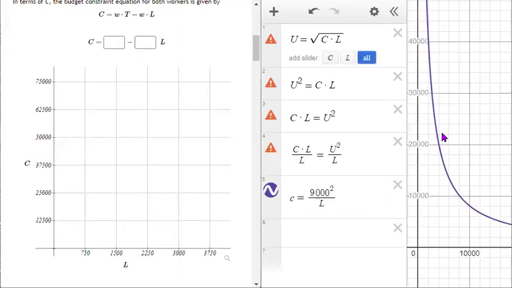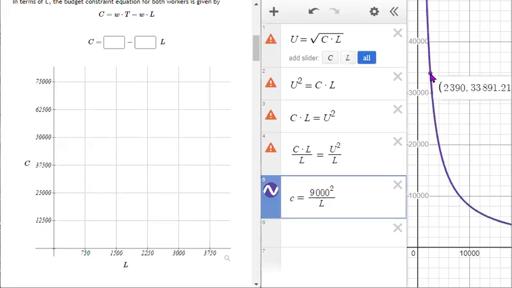So this curve right here that bends toward the origin, that's the indifference curve. At this point here, utility is 9,000. At this point here, utility is 9,000. At this point here, utility is 9,000. So anywhere along this curve, worker satisfaction is held constant, right?